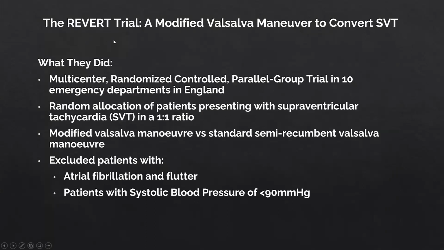The REVERT trial is an RCT done here in the UK, and it excluded patients with atrial fibrillation or flutter, or patients with systolic pressure below 90 millimeters of mercury. It just compares the modified Valsalva maneuver versus the standard semi-recumbent Valsalva maneuver.